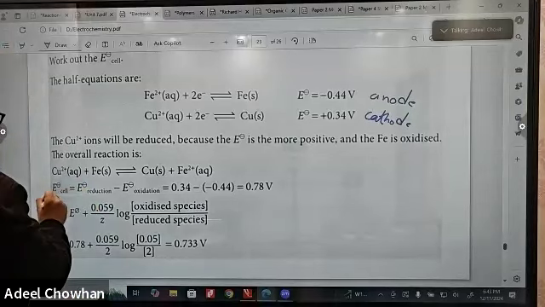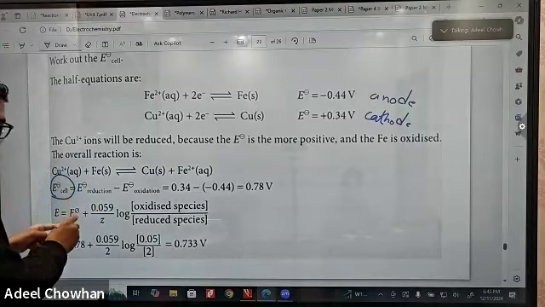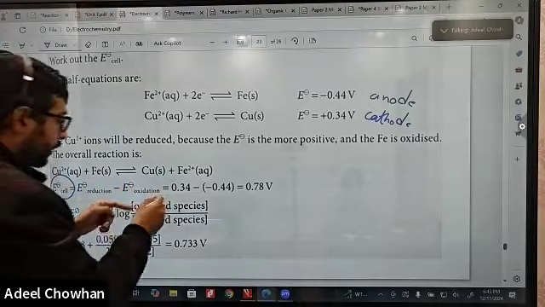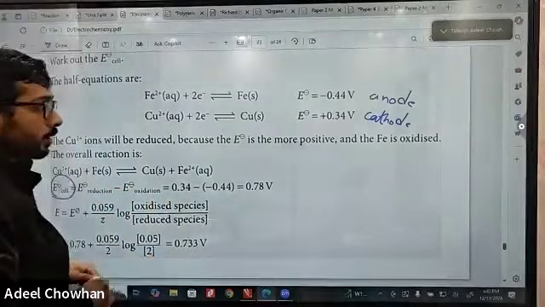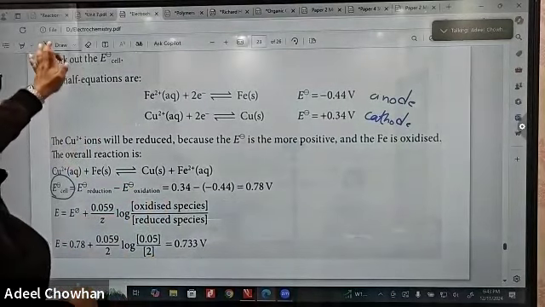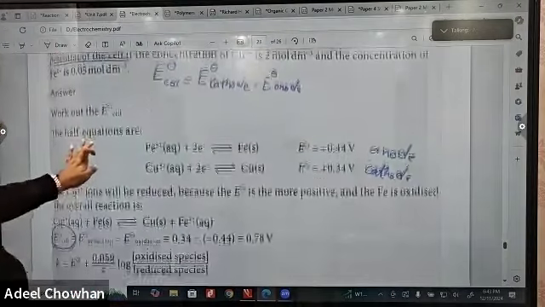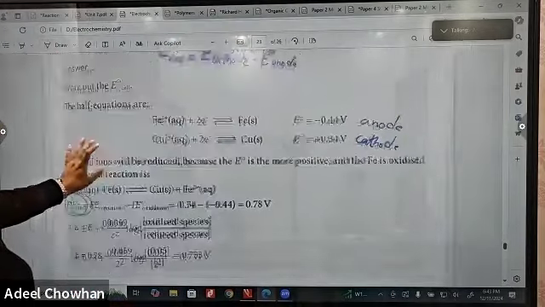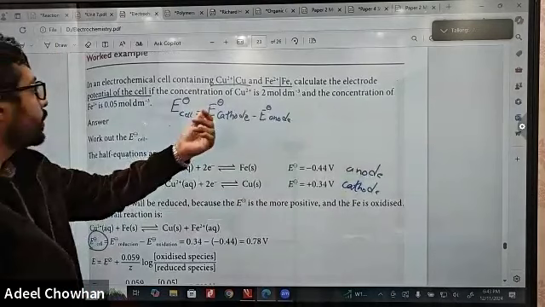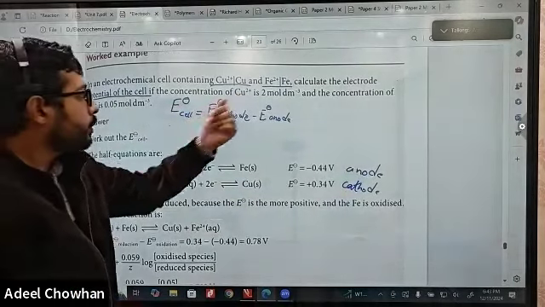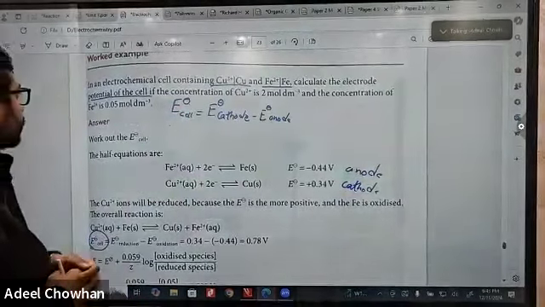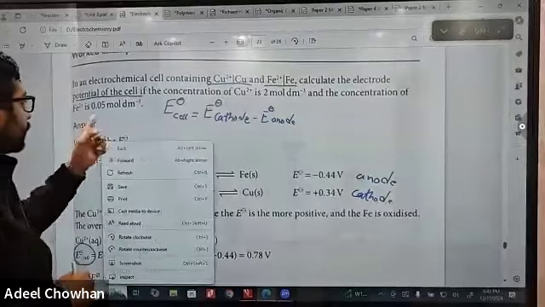This is the value of the E naught of the whole cell. Now put this value in this formula. In this formula, you have to find the oxidized species and the reduced species. So here, copper 2 ions is 2 mole per dm cube and iron 2 plus ion is 0.05 mole.